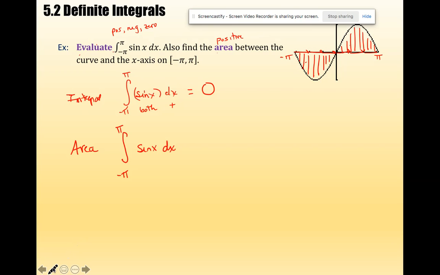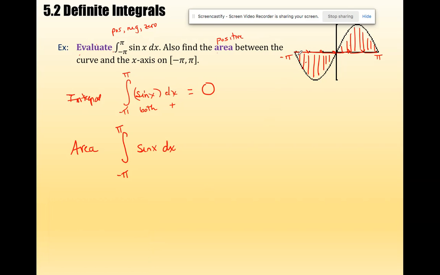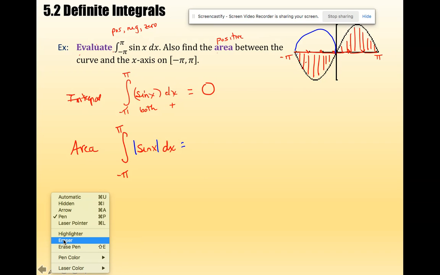But what mathematical rule do we have that takes all of these positives and pops them up here? Well, that's terrible. I could do that. What else do you think I could do? Have any other ideas?